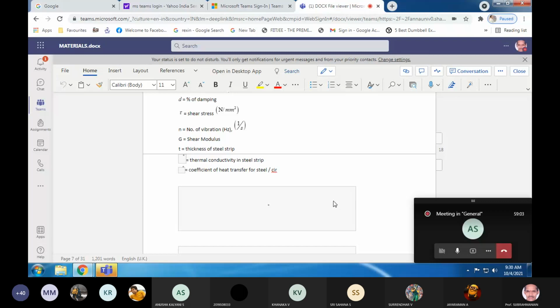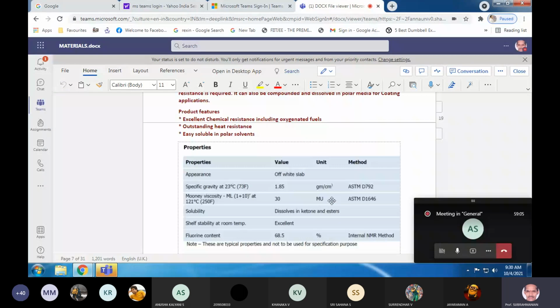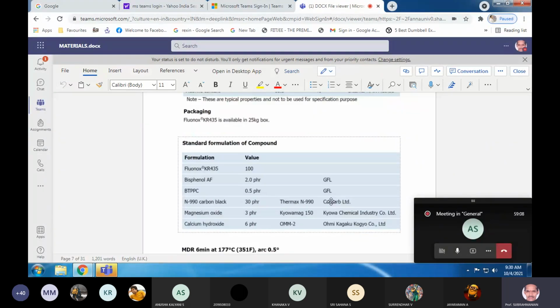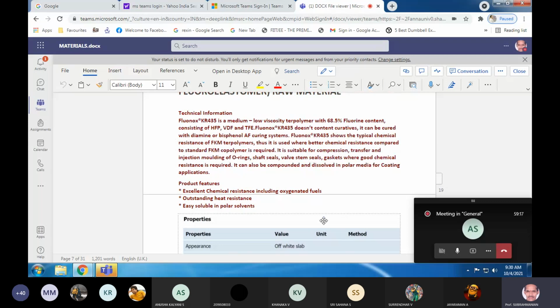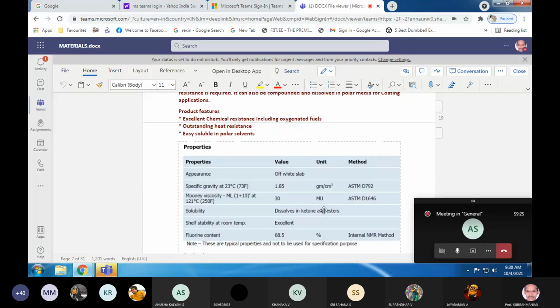So, on the one hand, hydrocarbon rubber; the other extreme is fluorocarbon rubber. Just take a close look at the particulars given in this slide.